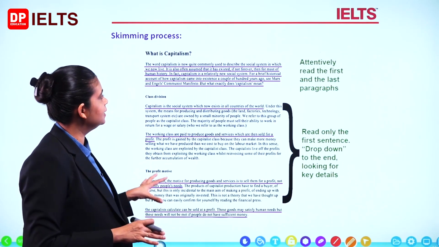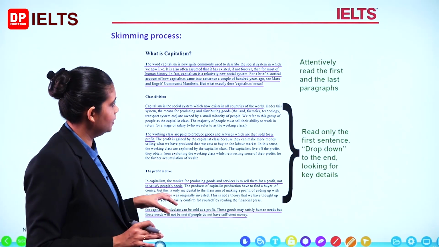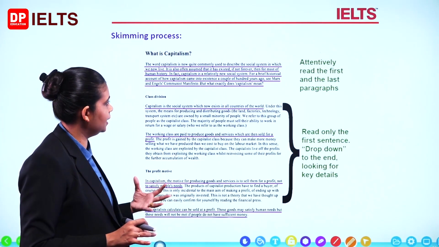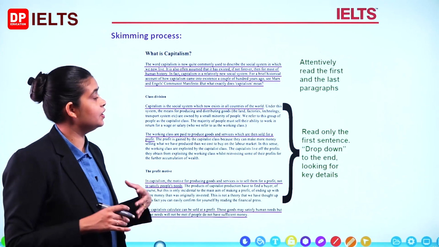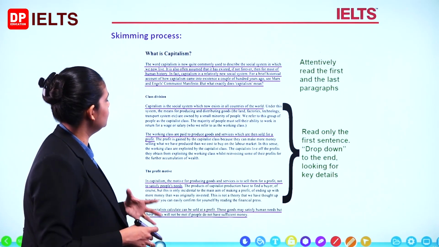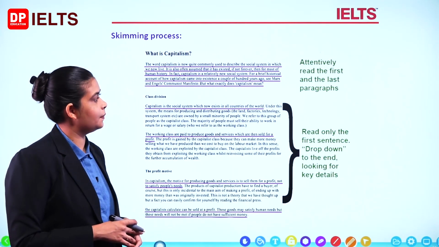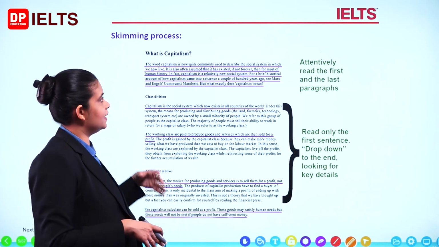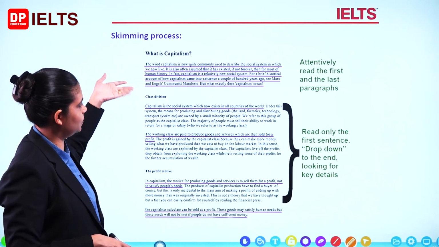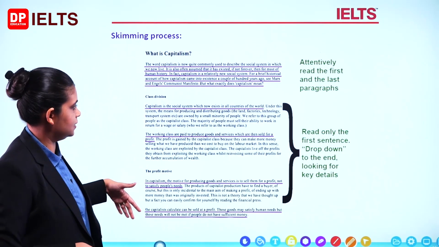In fact, capitalism is a relatively new social system. For a brief historical account of how capitalism came into existence a couple of hundred years ago, see Marx and Engels' Communist Manifesto. But what exactly does capitalism mean? So it's giving us a bit of history as to what capitalism is and how it came into existence. But let's see what it means and then have a look at it.